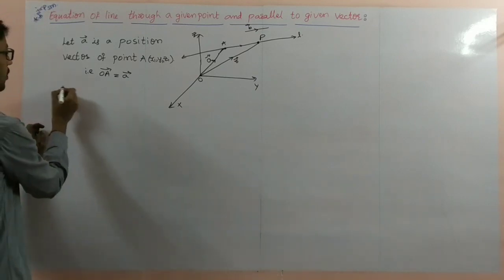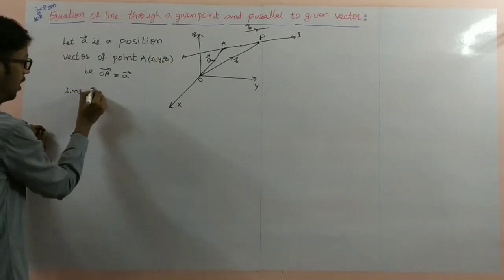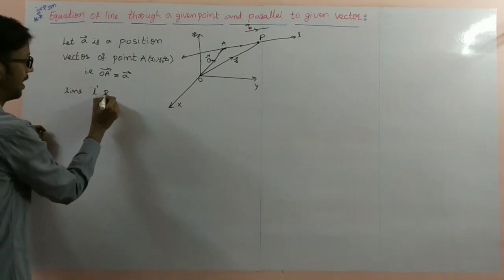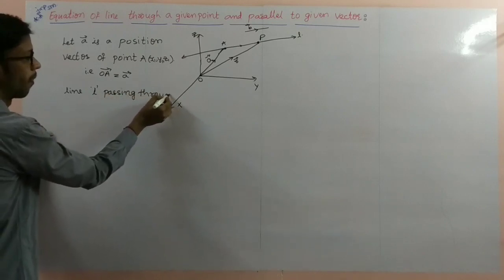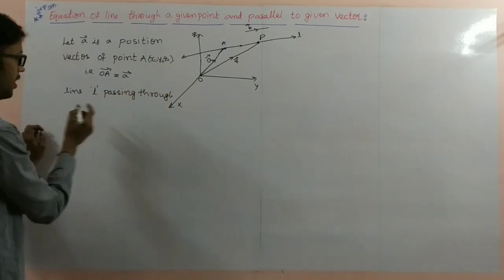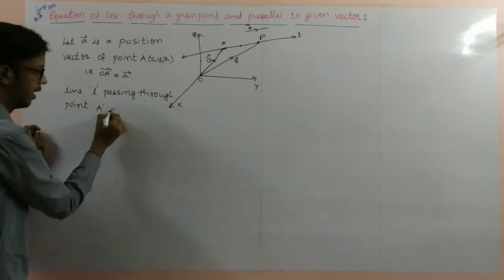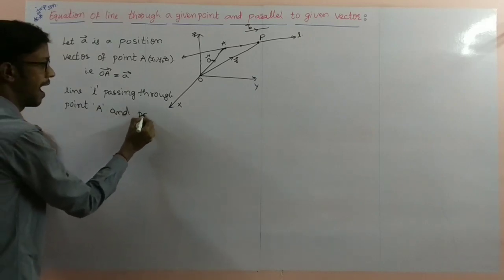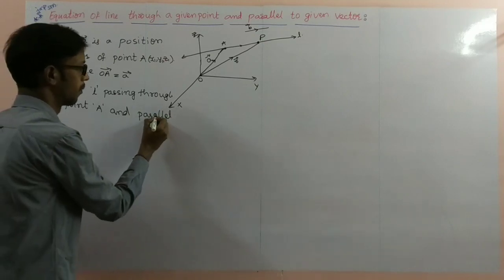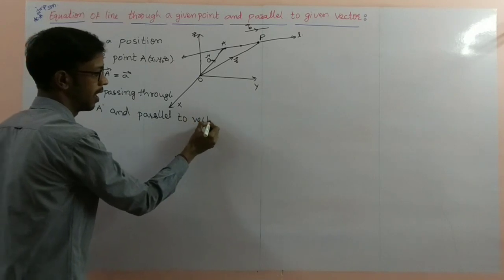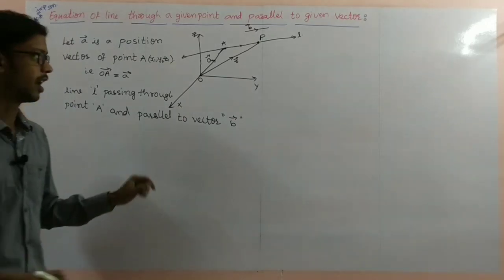And line L passes through point A and is parallel to vector B bar.